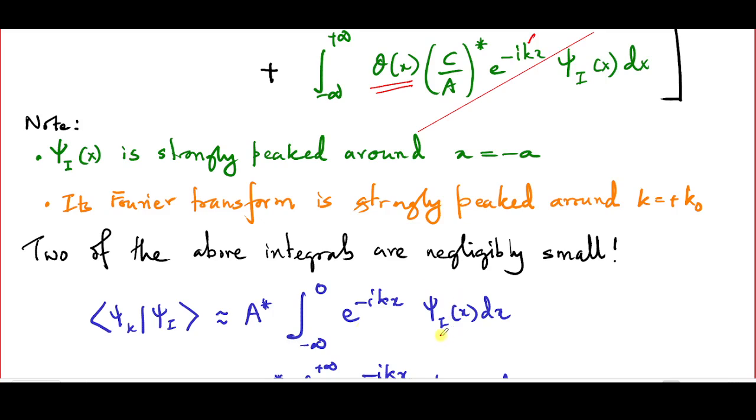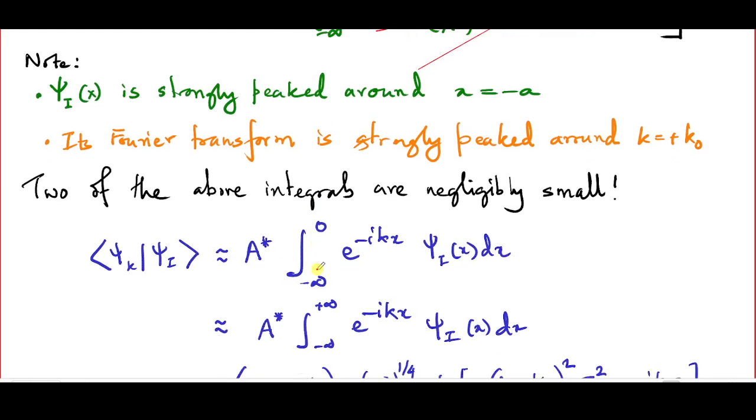Note, however, that we are not very far away from that either. Although this integral is only from minus infinity to 0, psi I becomes so tiny by the time we get to positive x that you can replace the upper limit here by plus infinity, and that's not going to affect the value of the integral to any noticeable extent.